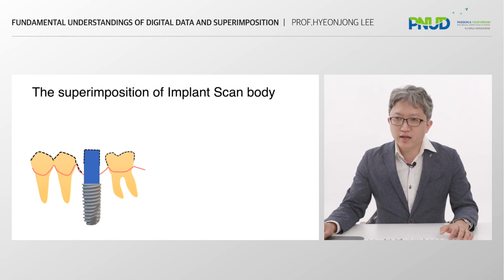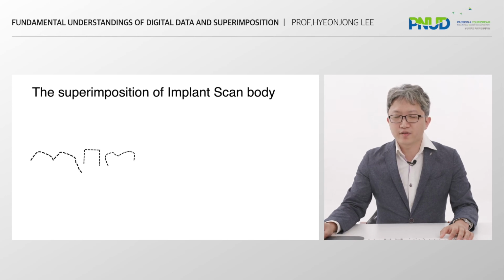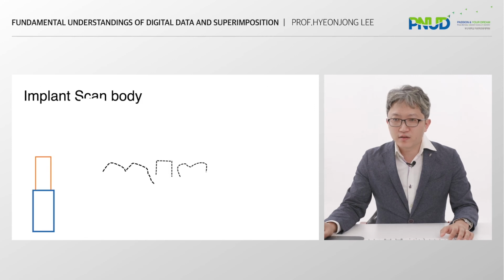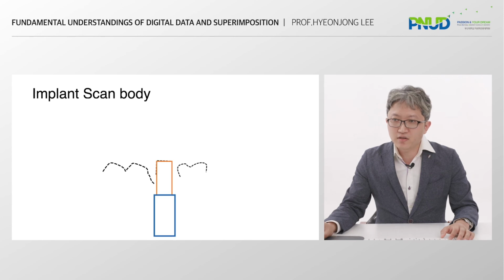When we scan, the outer surface of the tooth and the outer surface of this scan body are scanned just like this. So we get this kind of three-dimensional frame. And here, this is the library data, which combines the scan body and implant. Using this identical part, it can be stuck here.